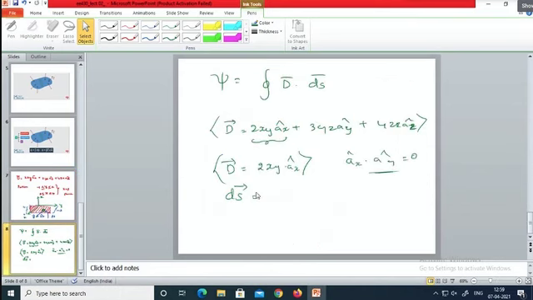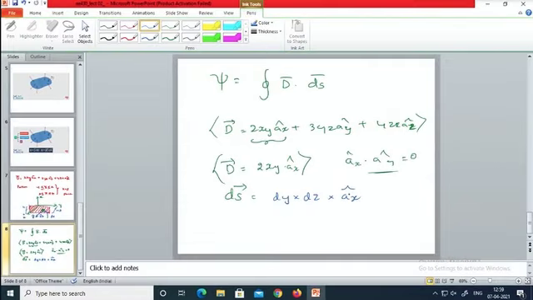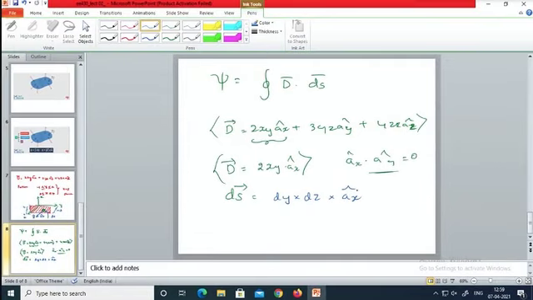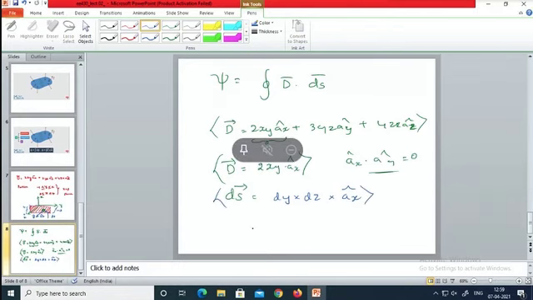So the surface area you have to calculate like this. It is nothing but dy into dz, that is length into breadth, and it is a vector. So obviously you have to drop a perpendicular, so it is nothing but ax cap. So this is the D vector and this is the ds vector.